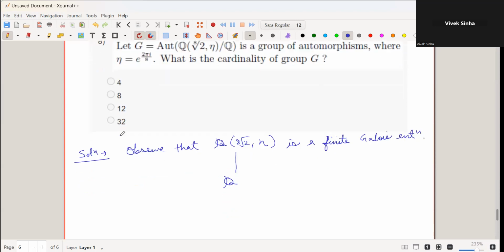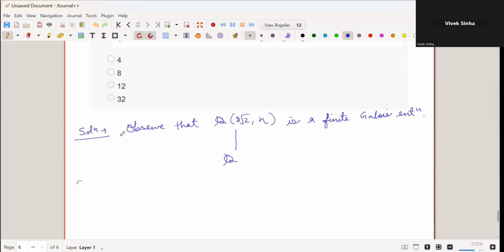Why is it a finite Galois extension? Finite is of course clear.